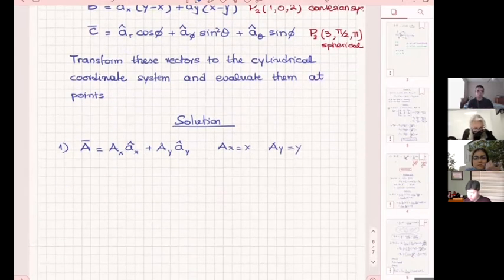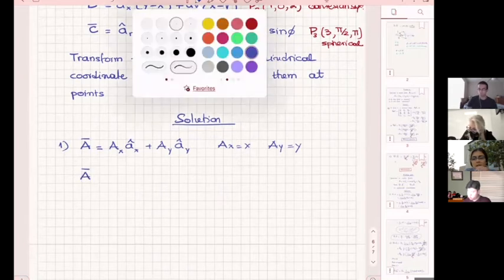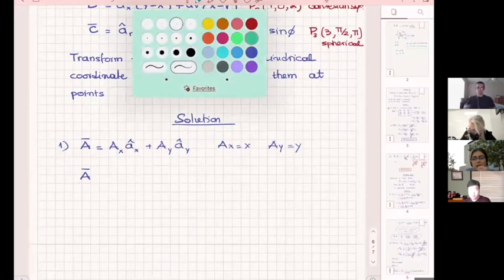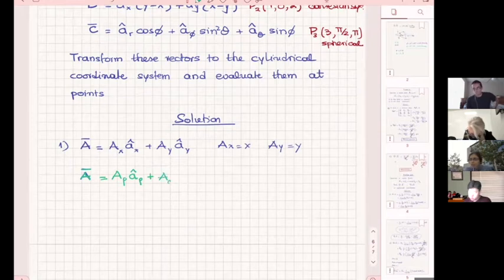Now, in the cylindrical system, A would have this form. Let me use a different color so we don't get confused. In the cylindrical system, A will have this form: A sub rho plus A sub phi plus A sub z.